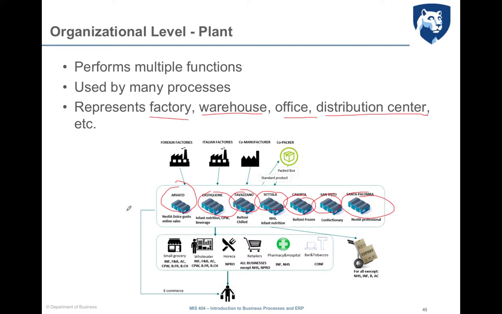And in ERP, each of these factories is considered as a different plant and has its code in order to be managed and to be crossed by the different Nestlé processes.